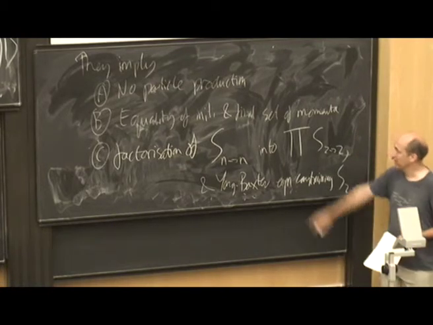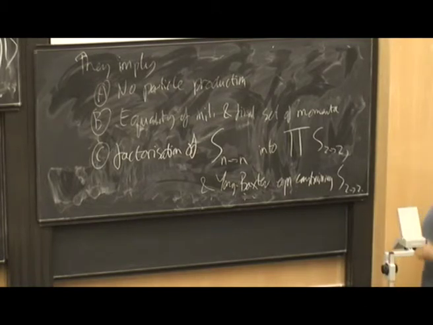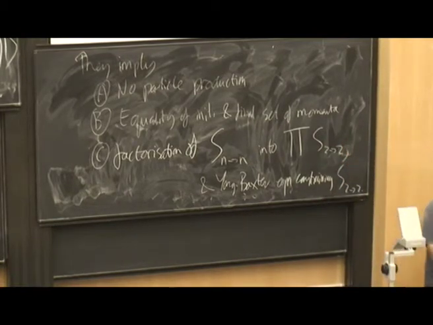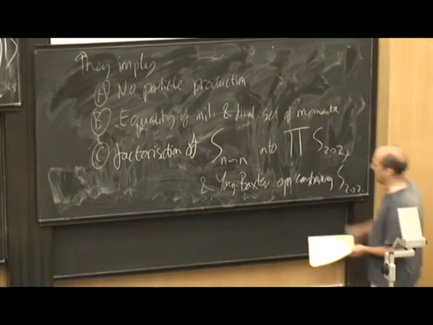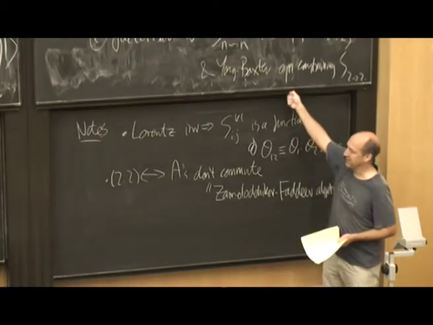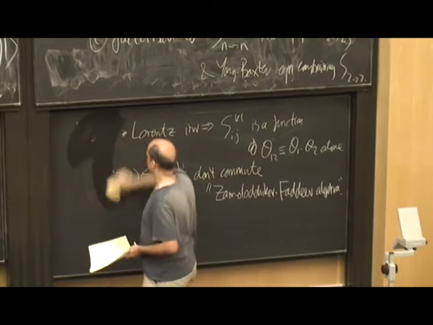Okay? So once we've got past stages A and B, we still need to calculate the S matrix for all n. We still don't know what that is. And part C tells us that actually all we need to do is compute how two particles turn into two particles when they bump into each other, and that's enough to give a very simple formula for what happens when n particles bump into each other. Basically, they just scatter pairwise, and there's no funny business.